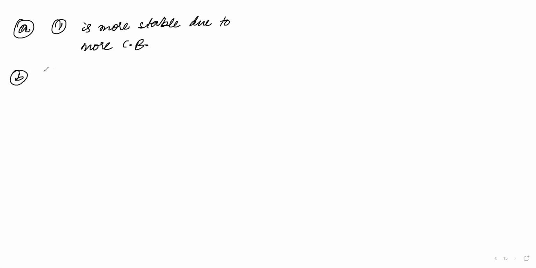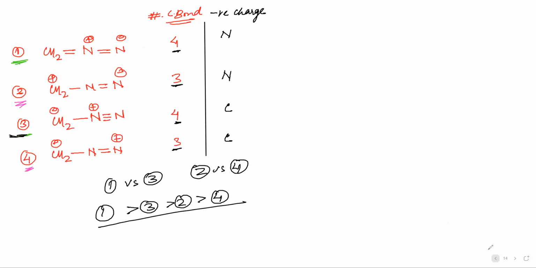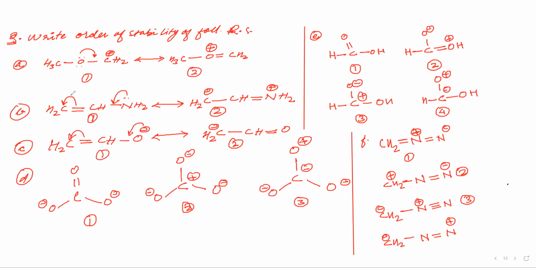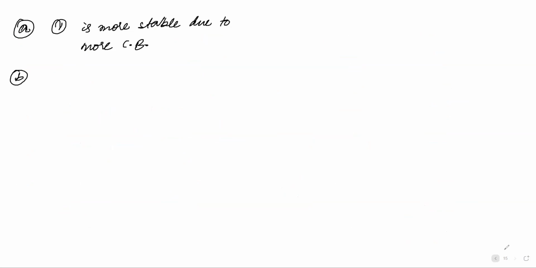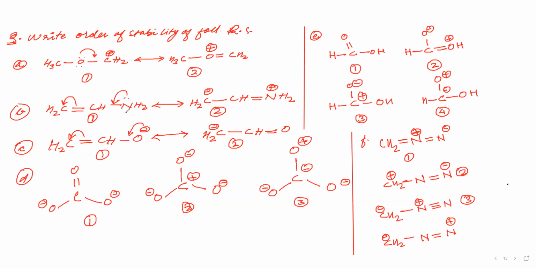What about B, the second question? So 2 is more stable, right? Why is 2 more stable? Let us see the question now. Fatima, 1 is neutral, 2 is charged, 2 is having charges, 1 is having no charge, right?